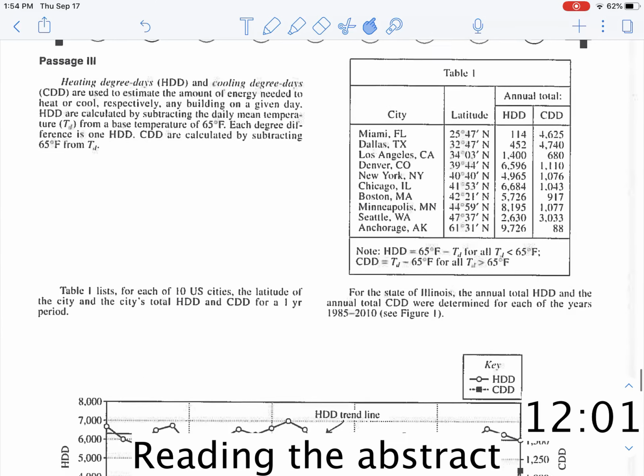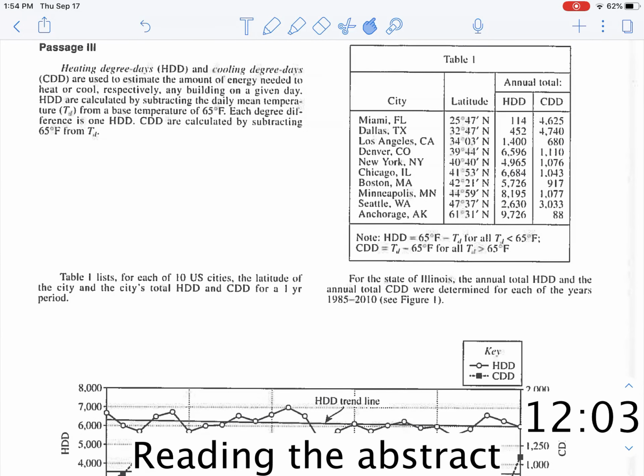Whatever. Okay. Heating degree days and cooling degree days are used to estimate the amount of energy needed in any building. Daily mean temperature from the base. Okay, TD. What the heck?